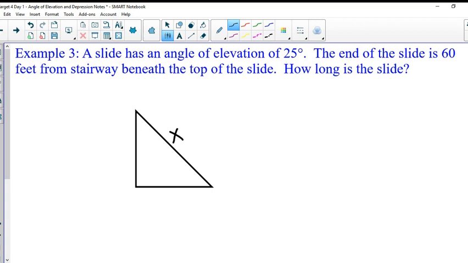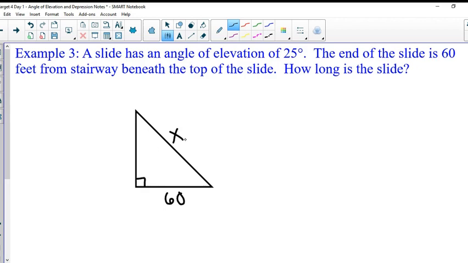So since we have to figure out how long the slide is, that's going to be our x. Okay, then we have this sentence that says the end of the slide is 60 feet from a stairway beneath the top of the slide. So if this is the end of the slide, this is the top of the slide, this end is 60 feet from the stairs, because you have to walk upstairs to get to the top of the slide.